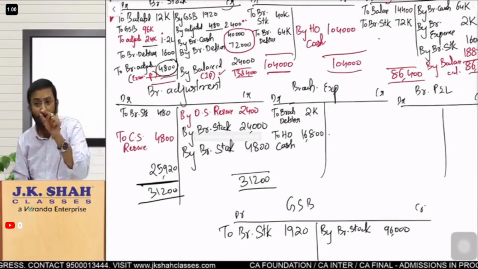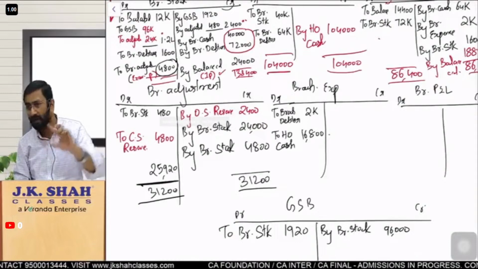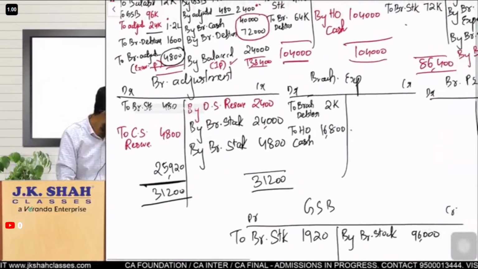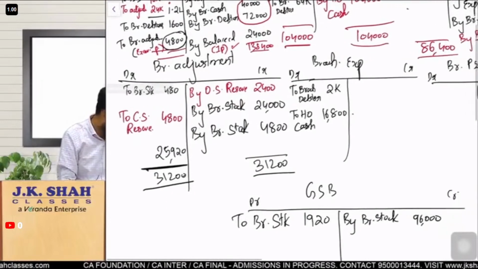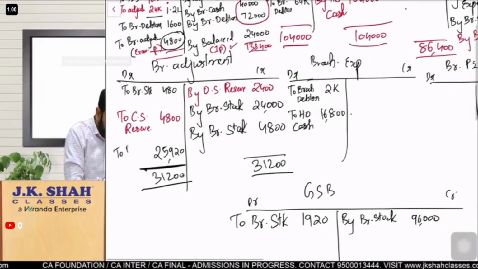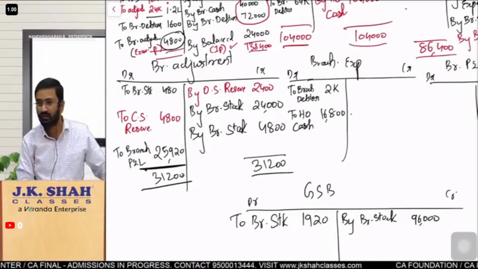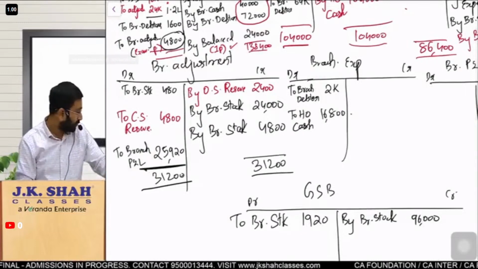This is like a gross profit, and that should go to branch P&L. 25,920 is the gross profit.